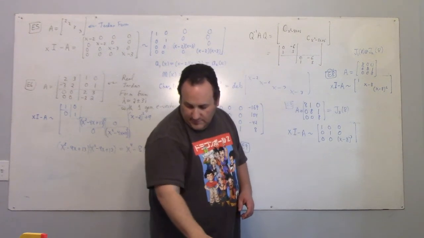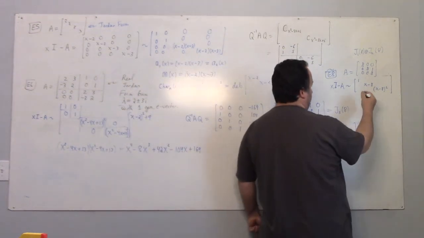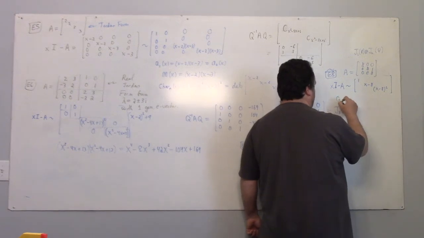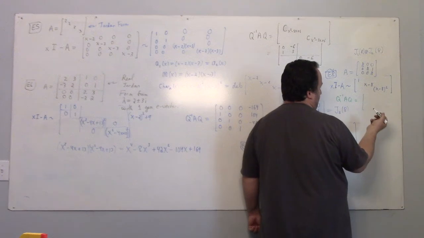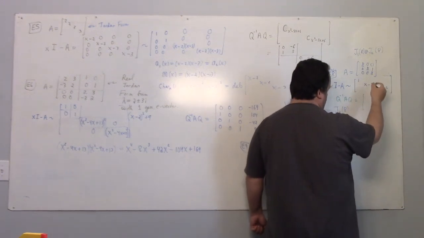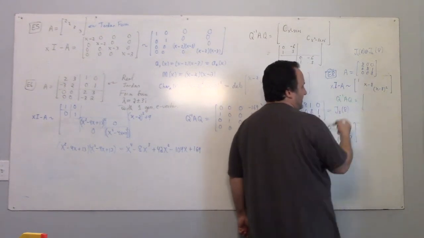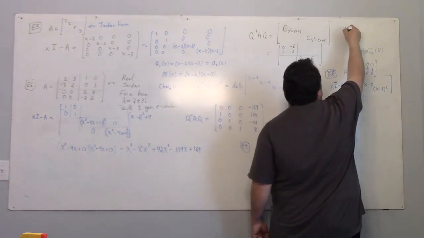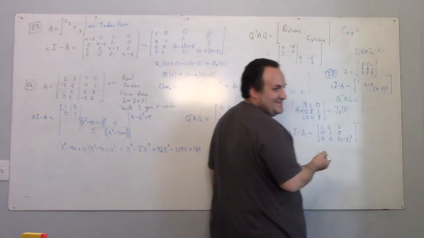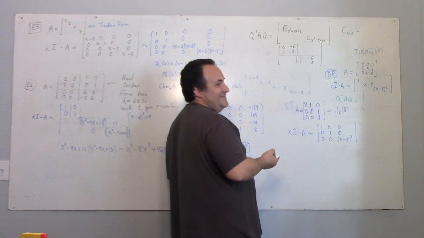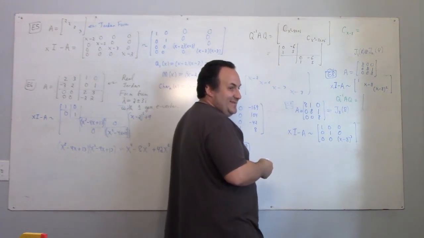And then, perhaps interestingly, what's the rational canonical form here? So Q inverse AQ would look like, let's see here. So we've got, first of all, a 1 by 1 block. What's the companion matrix for x minus 8 look like? 0, 1. You can't do it. It's a 1 by 1. Oh, it's not 2 by 2? Oh, that's because that has to be x squared.